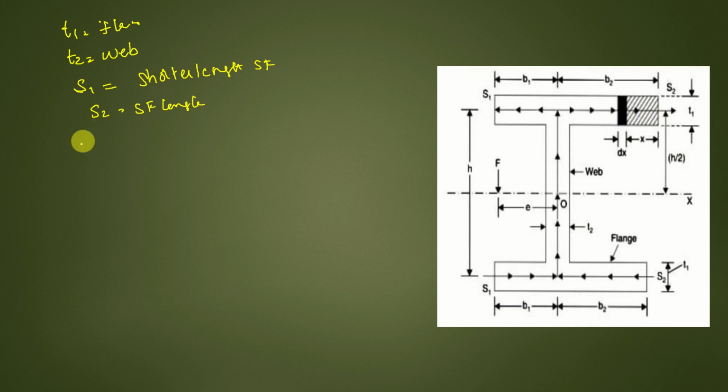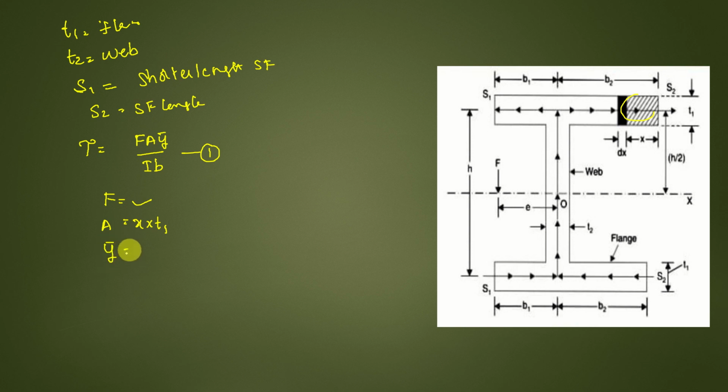Now, if you remember from previous semesters, tau is equal to F A bar by I B. The shear stress expression can be this, right? So we are using that formula here, and let me substitute whatever values we have. F is the applied shear force, and for area we are considering a small element here, that is small x into T1.